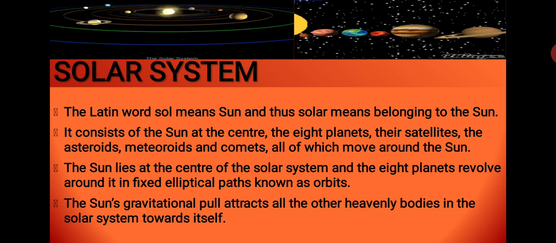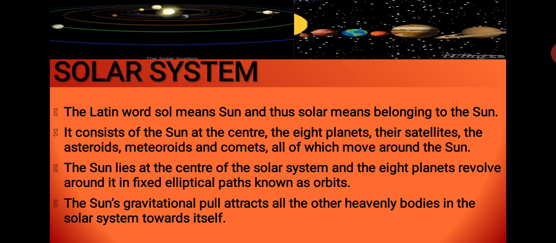Now in this slide you can see the solar system. Children, you can see the planets, how they are moving around the sun in their fixed path. The Latin word sol means sun and thus solar means belonging to the sun.